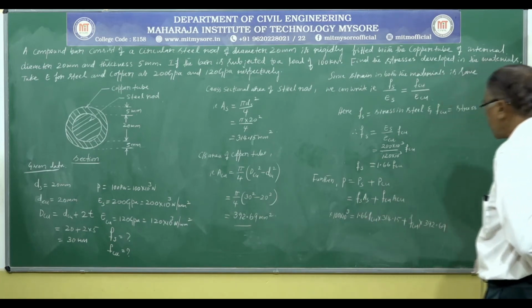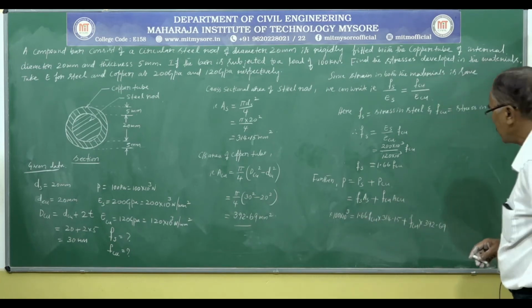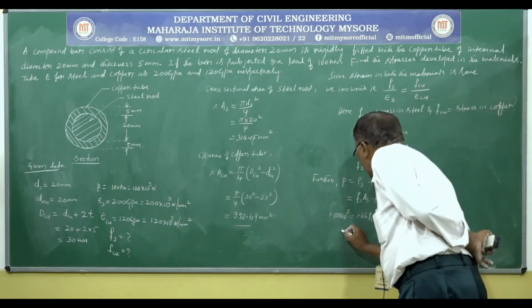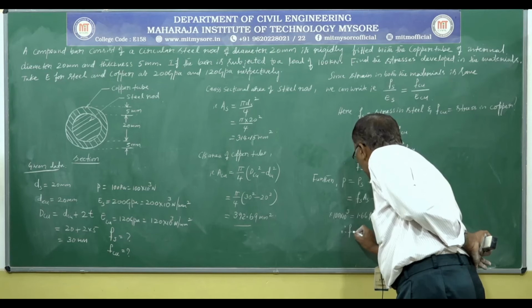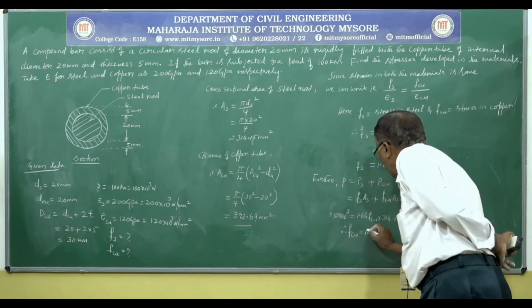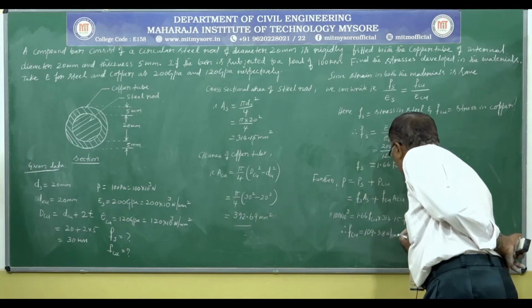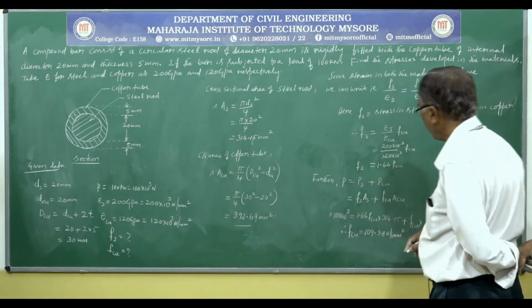So here the only unknown is the Fcu. Fcu means stress in copper. There we can calculate stress in copper. Fcu is equal to 109.38 Newton per millimeter square.